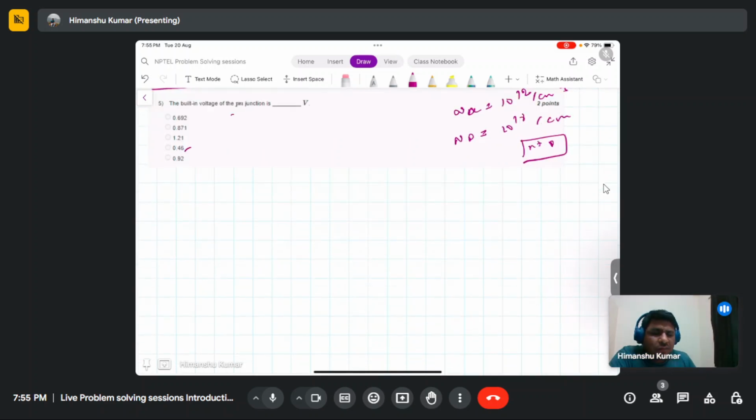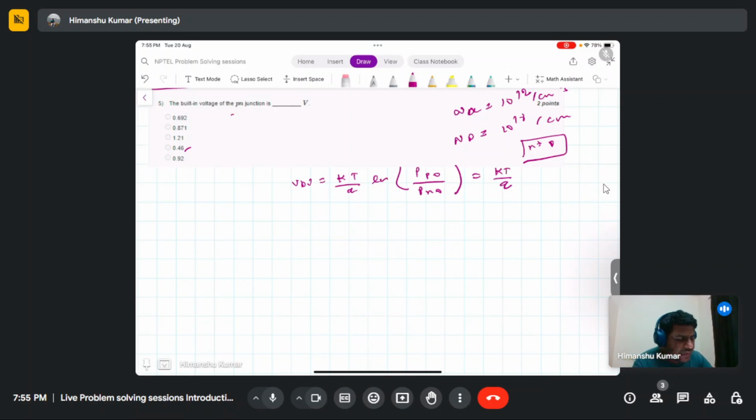To calculate the built-in voltage Vbi, you need Kt by Q ln of pp0 by pn0, or you can write it another way, Kt by Q ln of nn0 by np0. If you reach it from both sides, you will get the same answer.